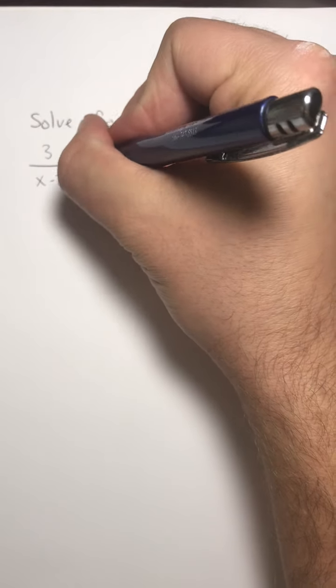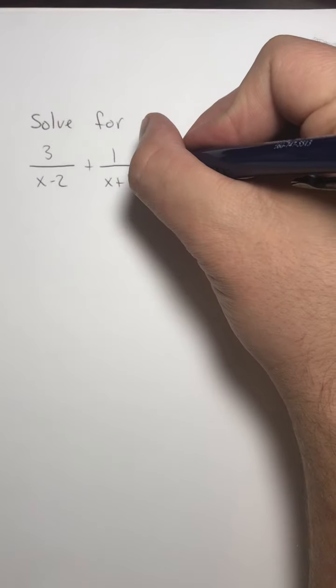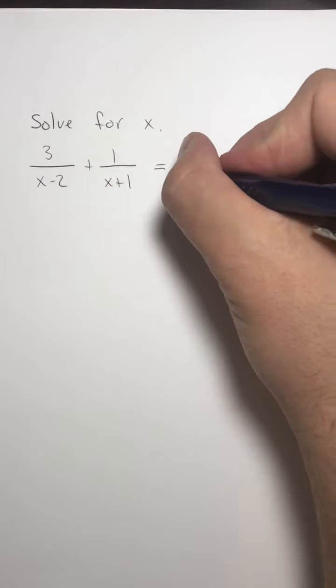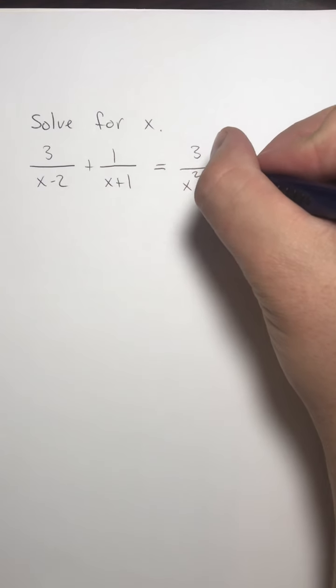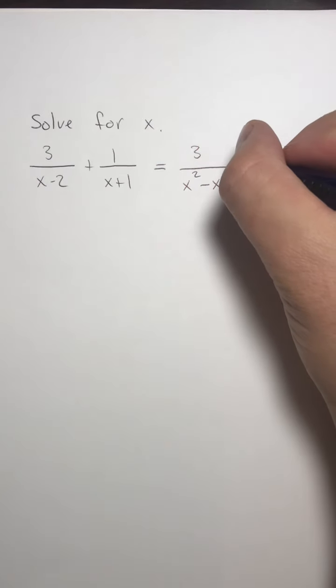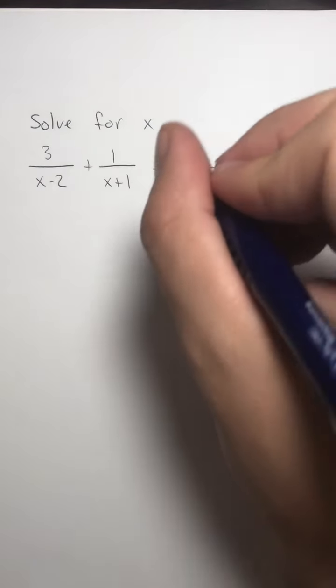So with a rational equation, the goal is to get a common denominator. Once we do that, we can just use the property that if you have a rational equation, and on both sides of the equation you have a common denominator, the numerators must also be equal.